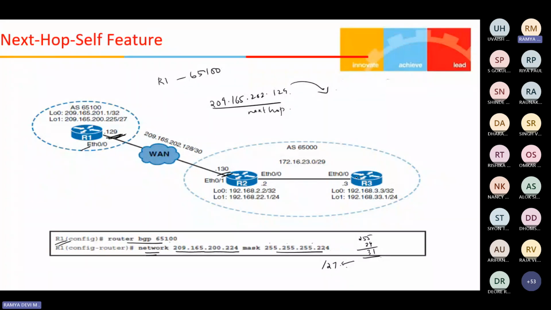No, right? So R3 cannot reach the prefix, unless special configuration is applied. So on R2, which command do we have to use? Instead of network, we have to use the neighbor command.